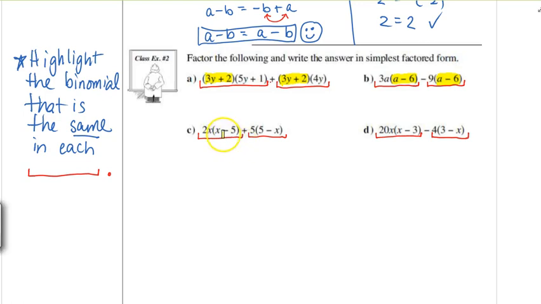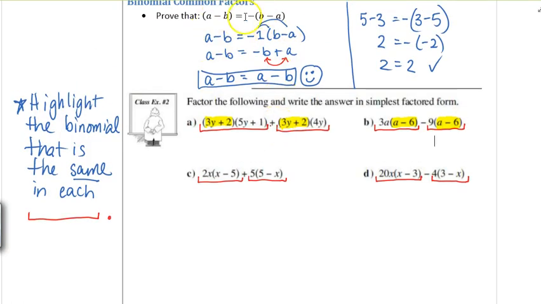Now we have to hold the fort because I have an x minus 5 and a 5 minus x. And this is where using this little realization up here is going to come in handy. So let's go to the binomial that we want to flip around. And we can just go ahead and do that. But in exchange for switching those terms around, for the difference, a negative sign has to pop out.